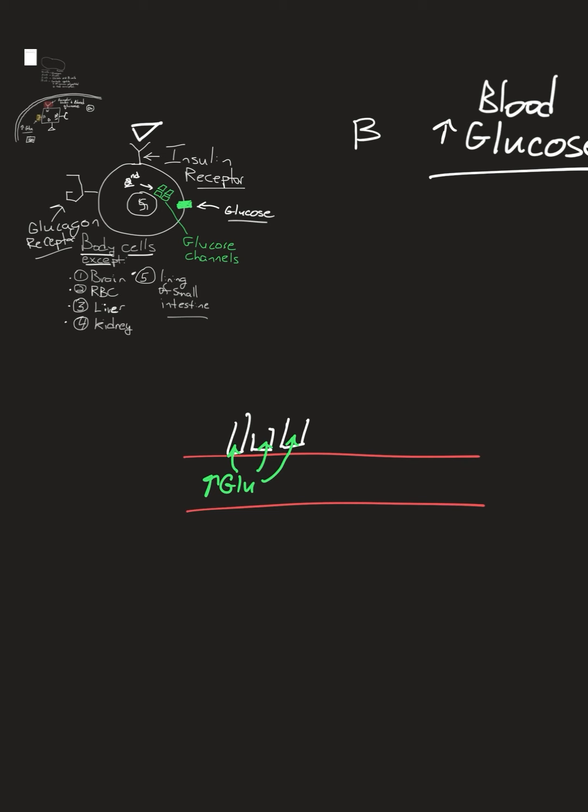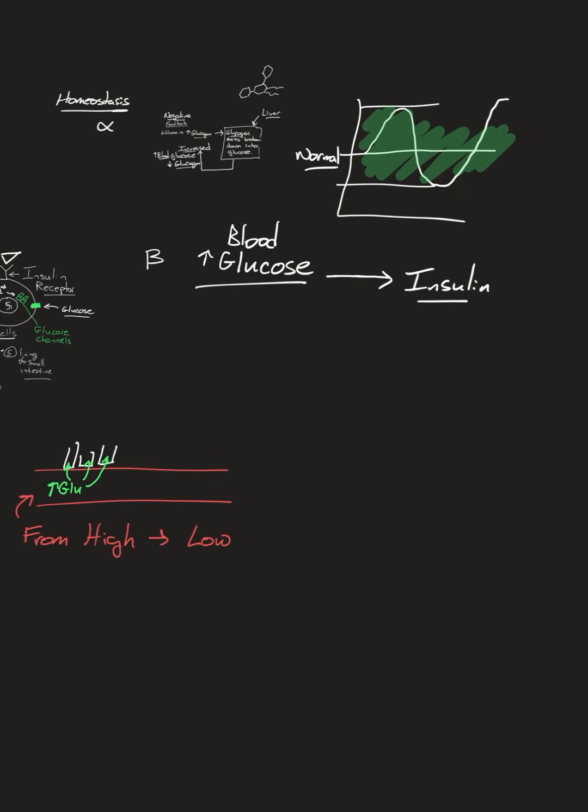The insulin receptors signal a secondary messenger, which releases the glucose channels, allowing glucose then to enter the cells and leave the blood. So blood glucose goes from high to low. So now blood glucose is lower.